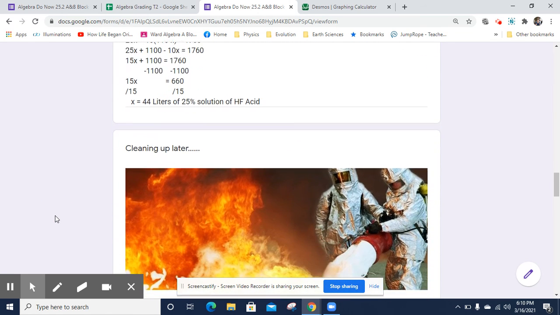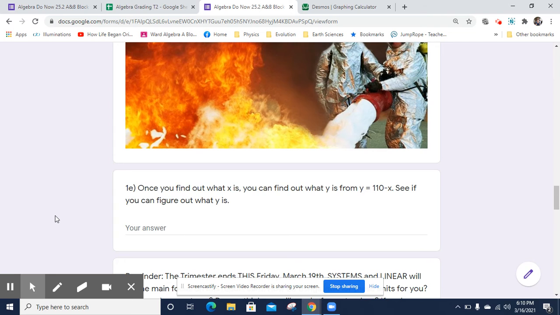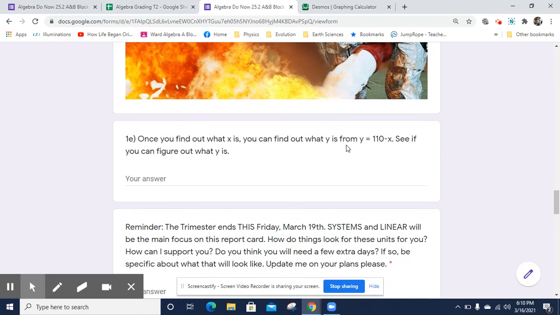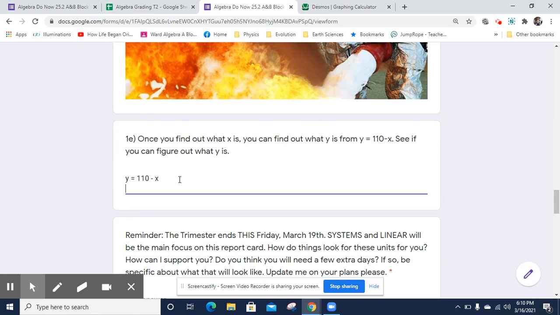Now, oh, look, it's cleanup time. Now we can figure out what y is by just taking that simple equation rearrangement from x plus y equals 110 to y equals 110 minus x, and we can replace x with 44. So y will equal 110 minus x, which becomes y equals 110 minus 44.